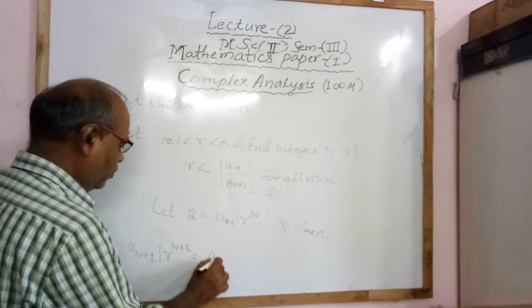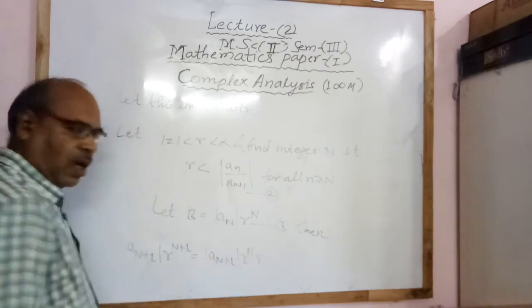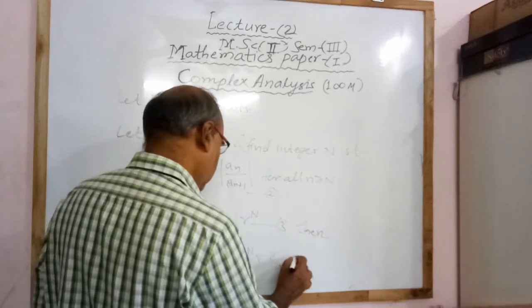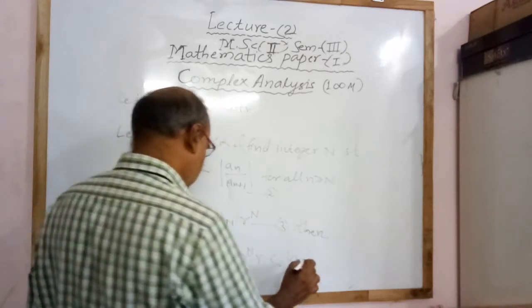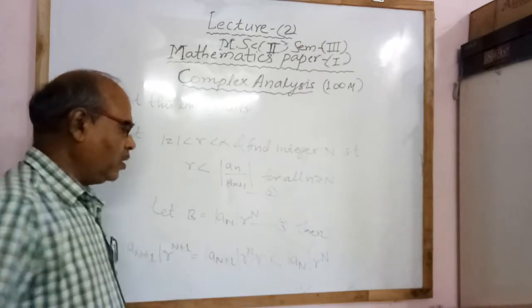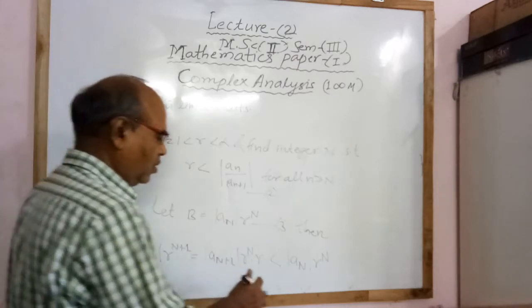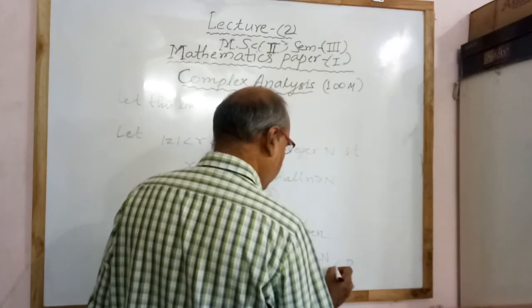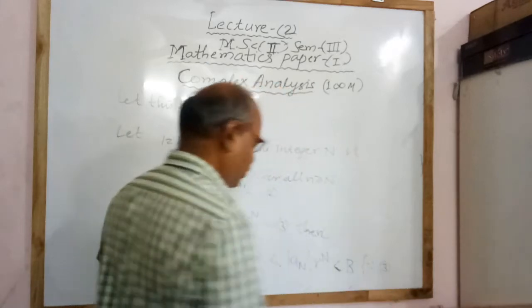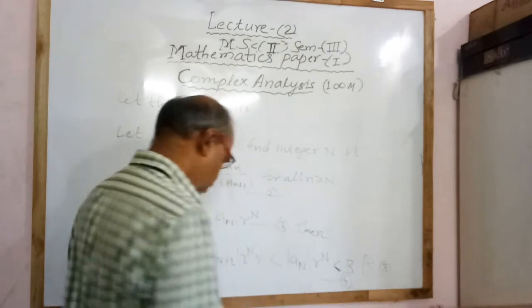Therefore we have mod of aN plus 1 r to the power N multiplied by r, which is less than mod of aN into r to the power N. This quantity is less than mod of aN into r to the power N. Now this is nothing but b, therefore we write less than b, as seen by equation 3. Now consider this as equation 4.